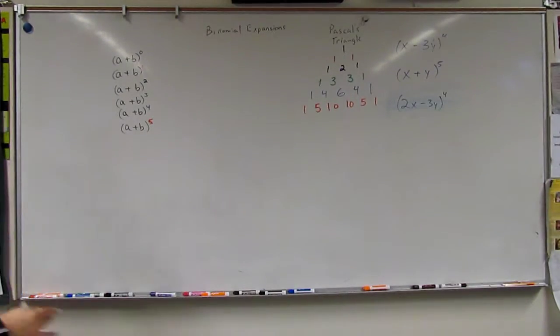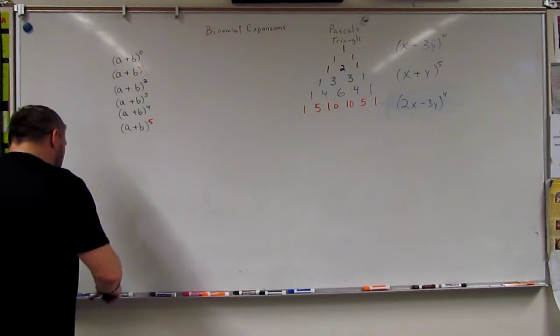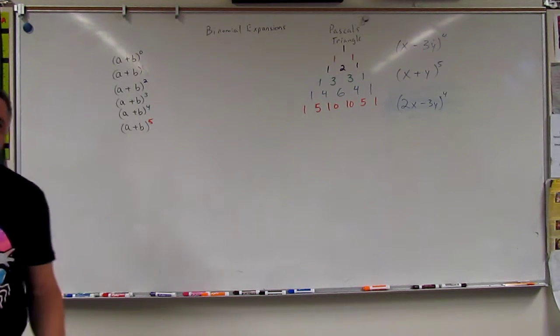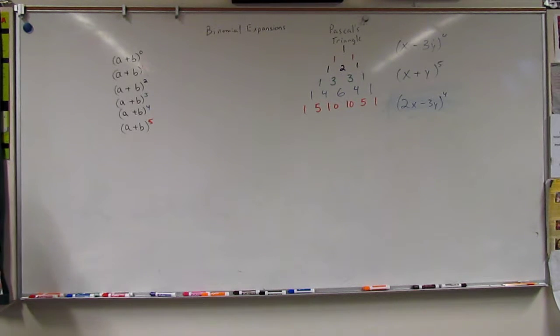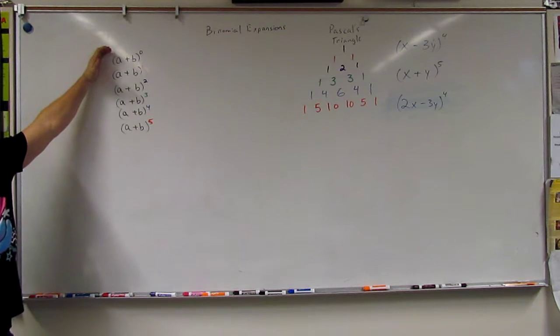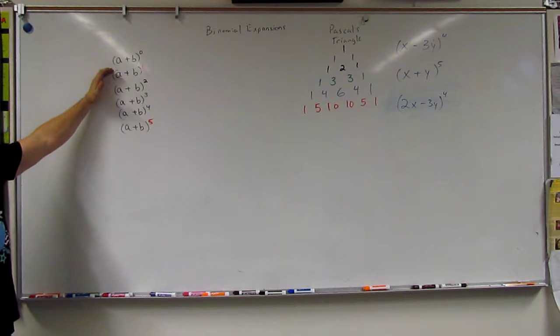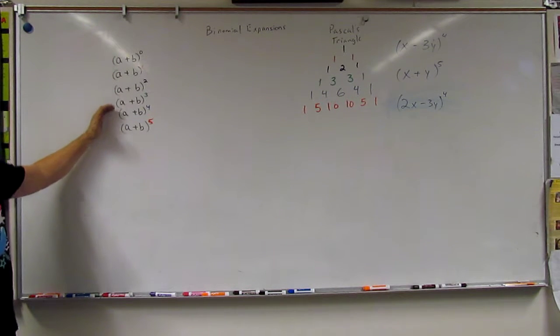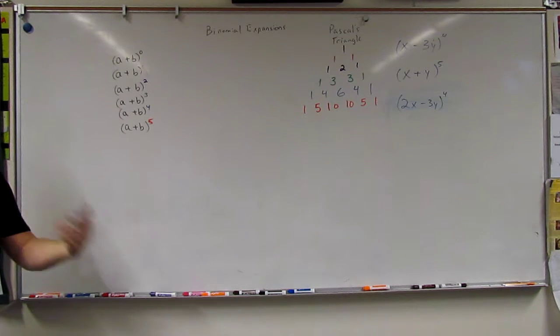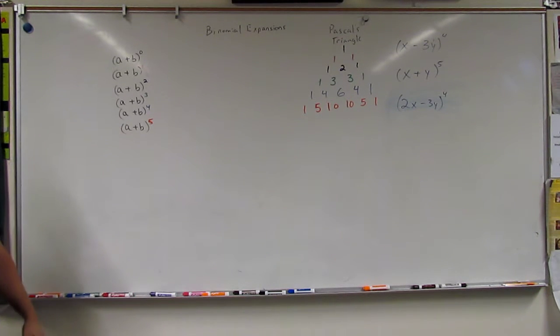And this is the pattern that Pascal found. He's like, oh my goodness, every time I do binomials where I square them, cube them, quartic them, quintic them, I'm seeing a pattern. Okay?